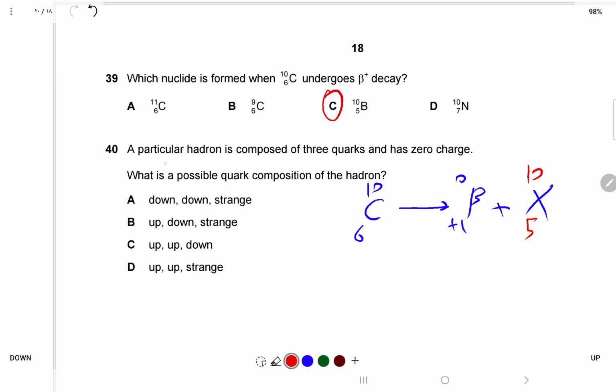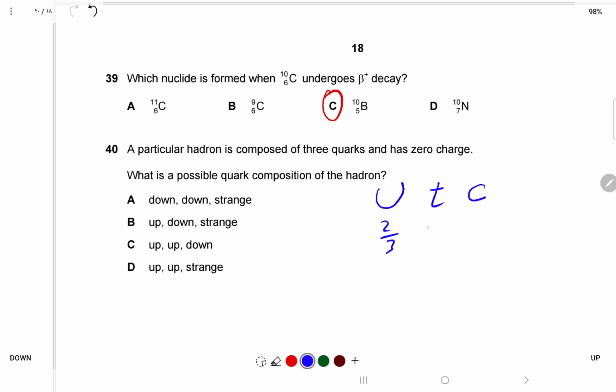Last question. A particular hadron is composed of 3 quarks and has 0 charge. What is a possible quark composition of the hadron? Now here you have to know the 6 types of quarks. You have up, top, and charm, and all these have a charge of plus 2 over 3 of the electric charge.